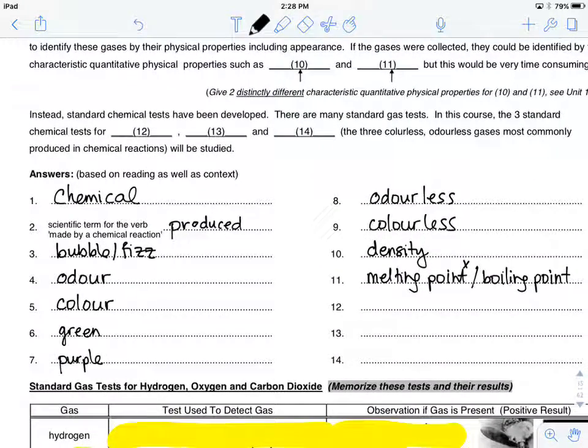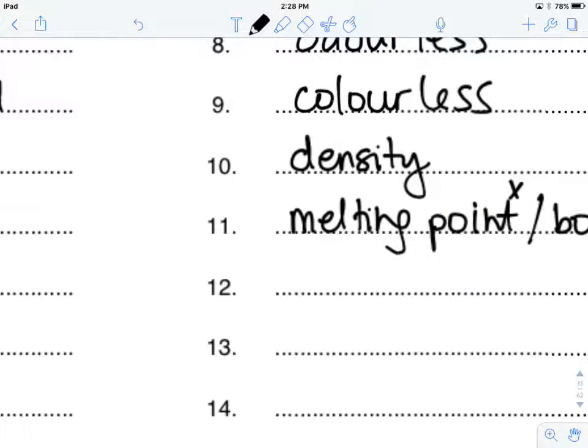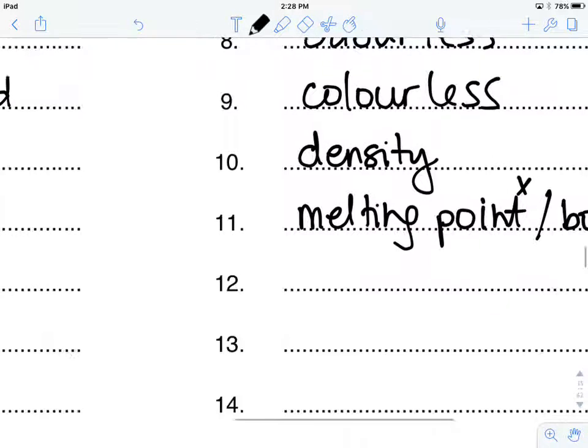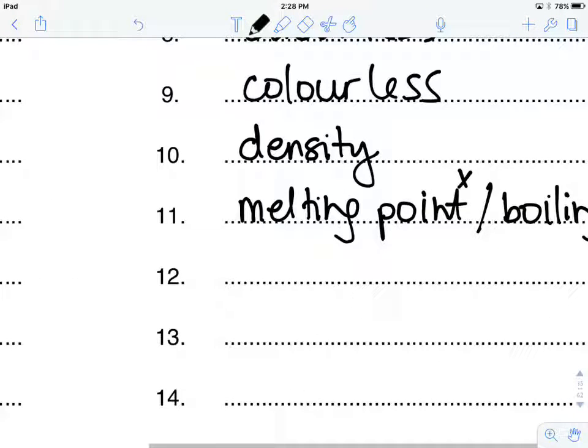So what we've said is we can test what gas it is based on 3 different chemical reactions that we're going to perform. The 3 standard chemical tests are for the 3 types of gases that are made most often. The first is hydrogen.